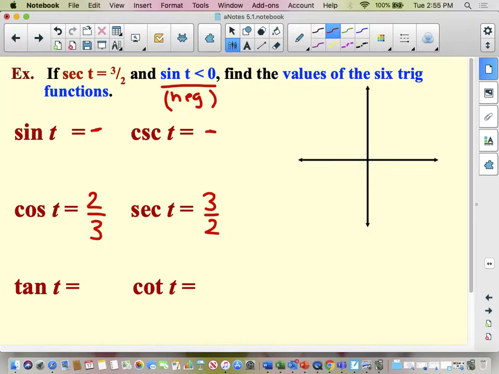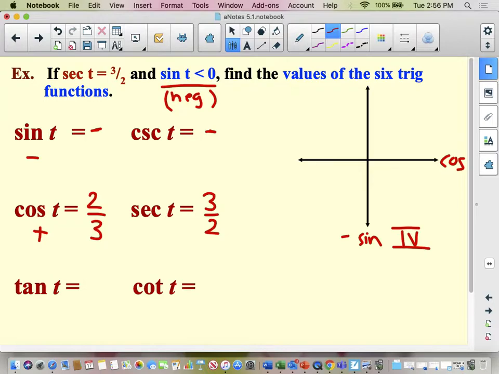So you can make some decisions. If the secant and cosine are positive and the sine is negative, think about what quadrant you're in. If cosine is positive, sine is negative, I have to be in the 4th quadrant, right? Because that's where cosine is positive and sine is negative. So that being said, you could actually just take your skills back to geometry.